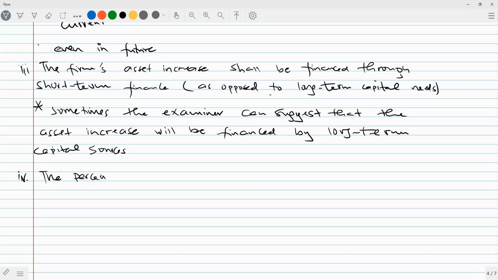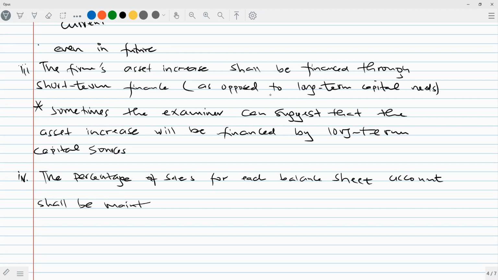The percentage of sales for each of the balance sheet accounts shall be maintained even into the foreseeable future.